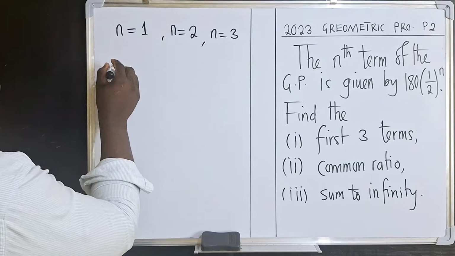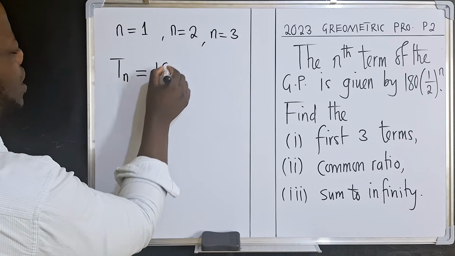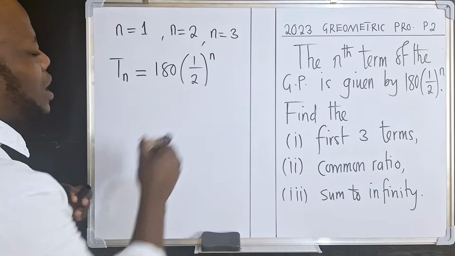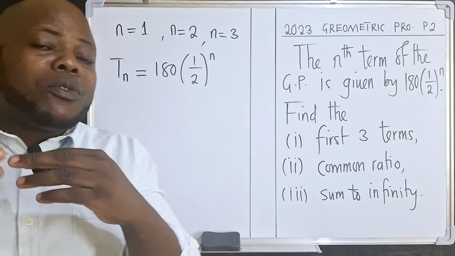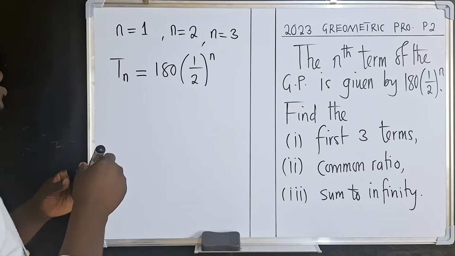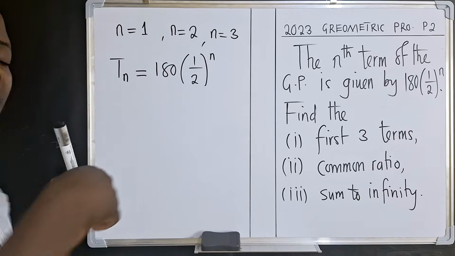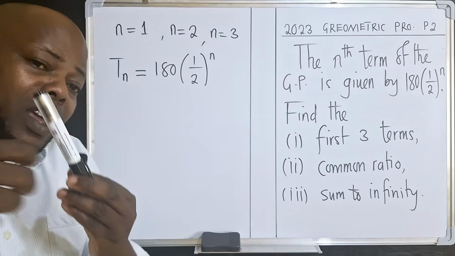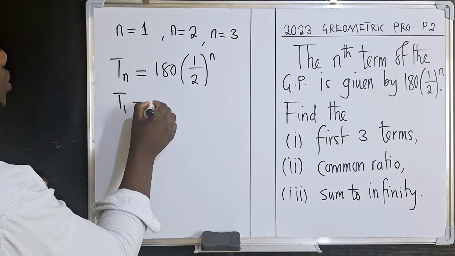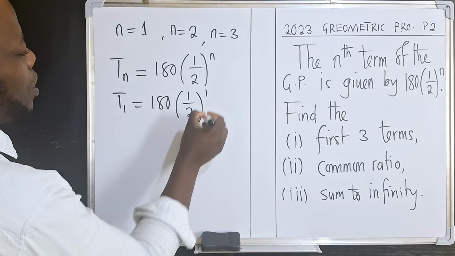The nth term is equal to 180(1/2)^n. They gave us a formula already to use. For our first term, where there is n, we put 1. We want to find the first term, which is our a. So t1 is equal to 180(1/2)^1.